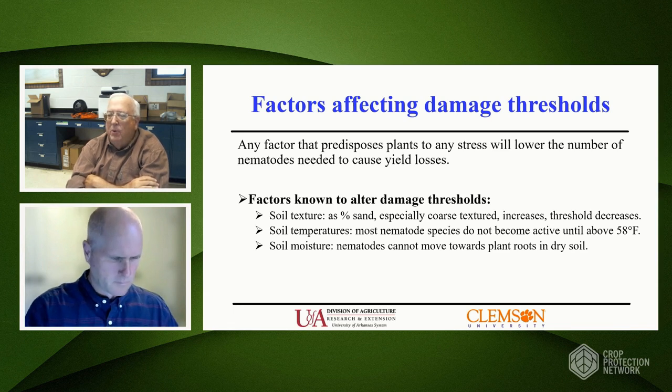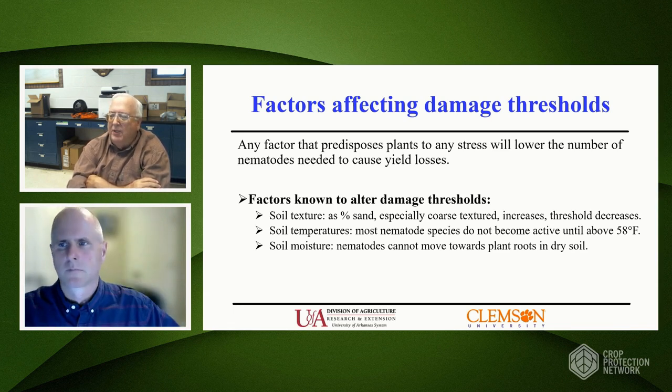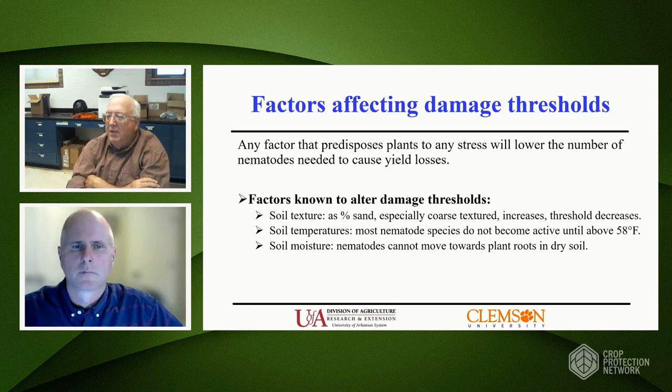One of the golden rules, I guess, that we haven't pointed out here is that most nematode damage is done in the first month of the growing season. And it's very difficult for plants to compensate for that damage. That's one of the reasons I think a lot of us felt we weren't seeing as much damage on corn as we did on cotton and soybean, because those are very strong taproot oriented plants.